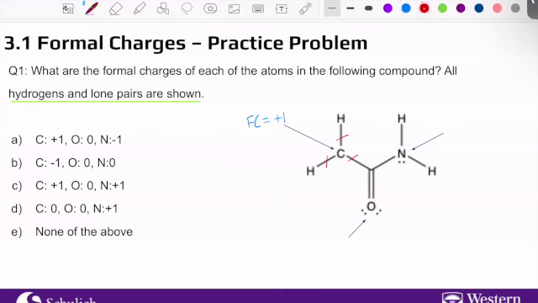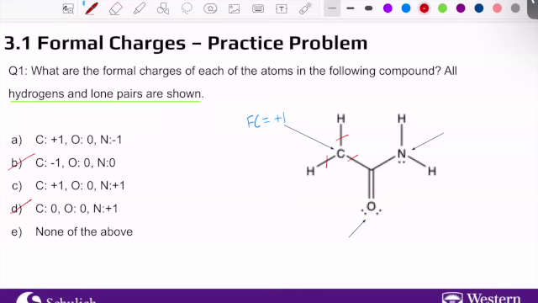From here, we can rule out 2 options already. We know that carbon doesn't have a minus 1 charge, and we know it doesn't have a neutral charge. So it's either going to be A, C, or E.